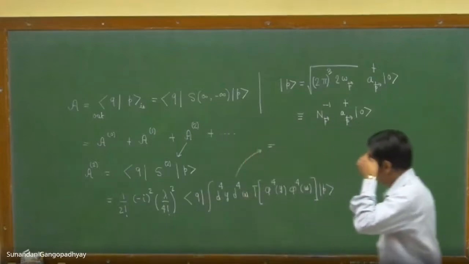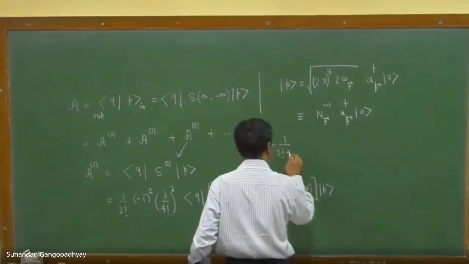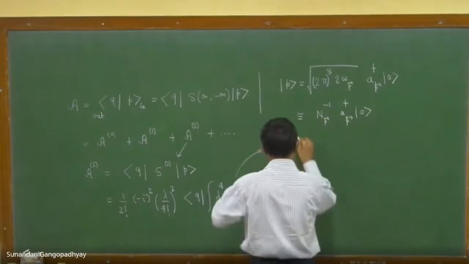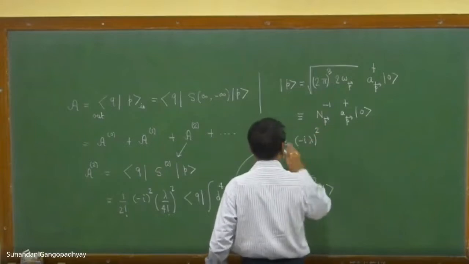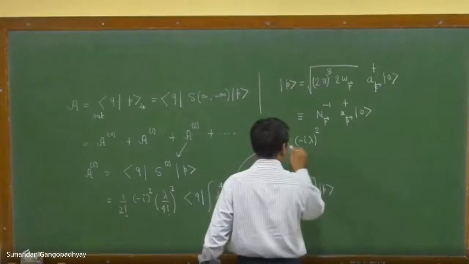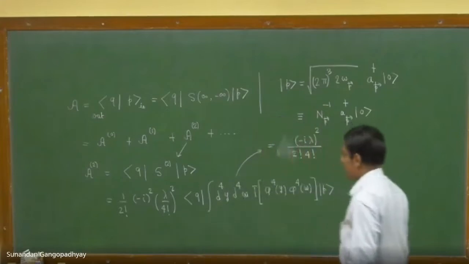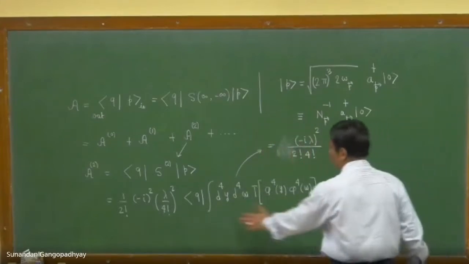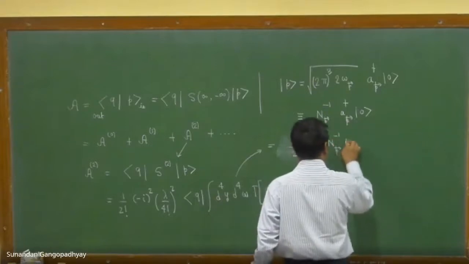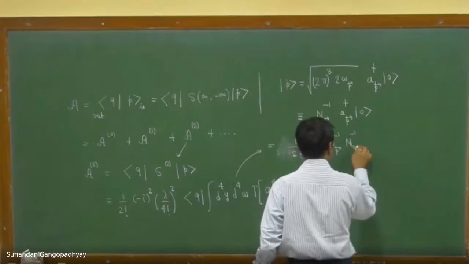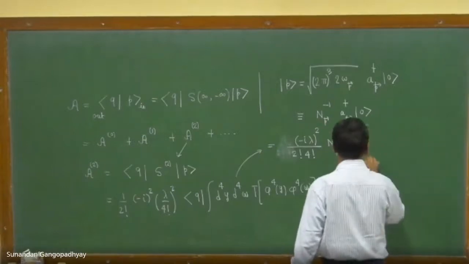If you do that, then this expression can be written down as 1 by 2 factorial, lambda by 4 factorial, minus i, whole squared, and then from P and Q, we will have factors of N_P inverse, N_Q inverse. Then we can take the integration outside.